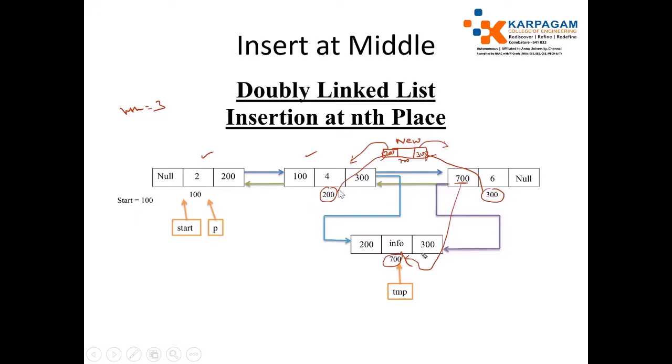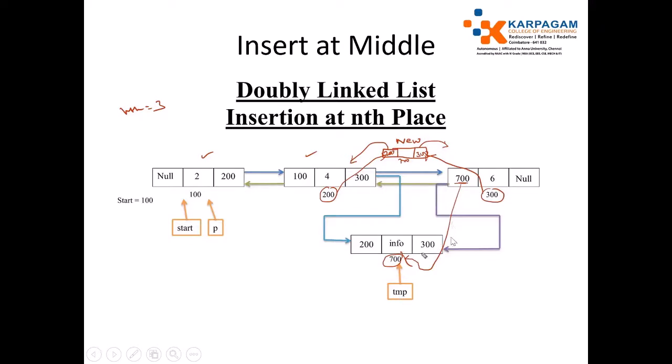Now second position of next value is set to new node, and new node of previous value is set to second node address, and new node of next value is set to the third node address. Then the last node, that is the fourth position, the previous node is set to the new node. So like this we have to set.